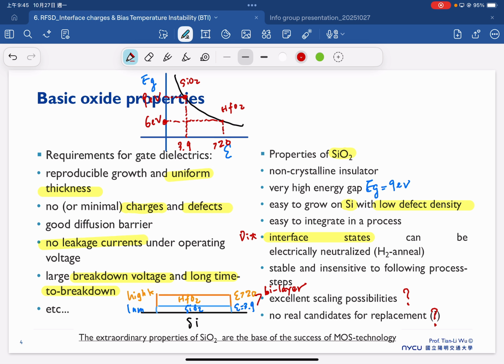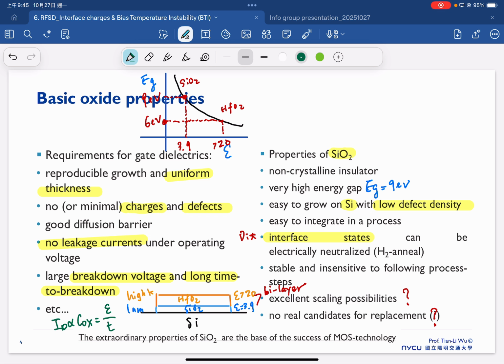And the reason why we want to have this bilayer structure is that the dielectric constant of silicon dioxide is very small. So if you come back to the typical current equation, our drain current is proportional to our oxide capacitance, which is equal to the dielectric constant over our oxide thickness.